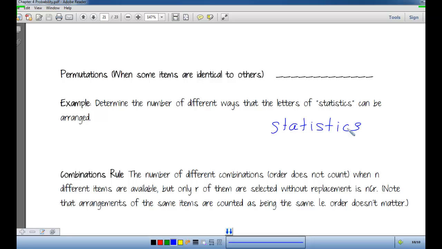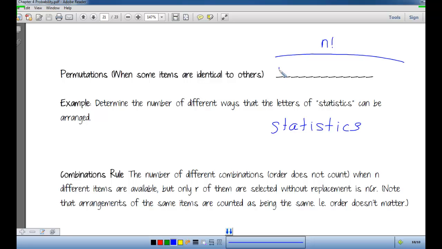So the formula for this is a little complicated. It looks like this. First of all, we're going to do n factorial. That's going to be in our numerator, and this one's not built into your calculator. On the bottom, we're going to look at all the different types of objects. For instance, I've got so many S's, so many T's, so many A's, so many I's.